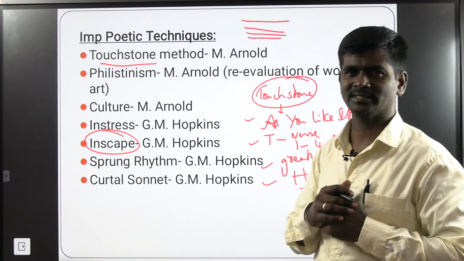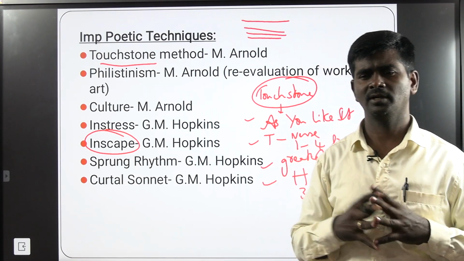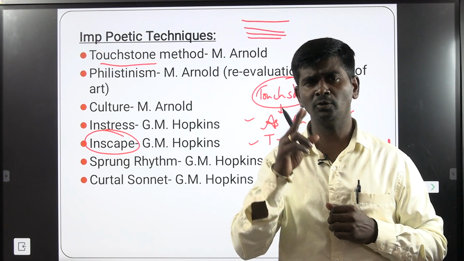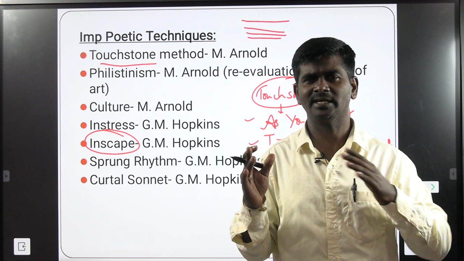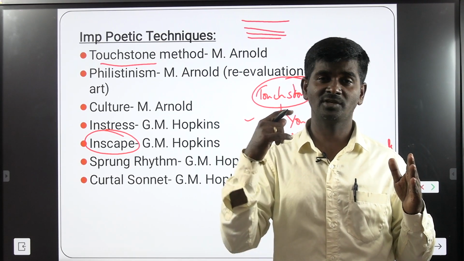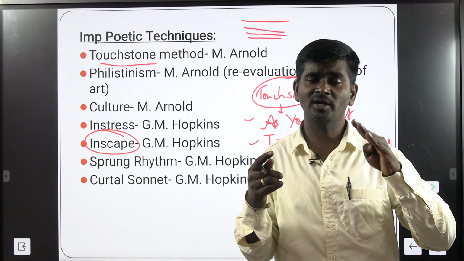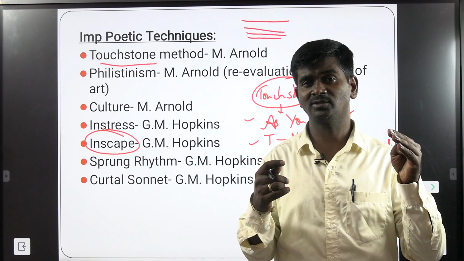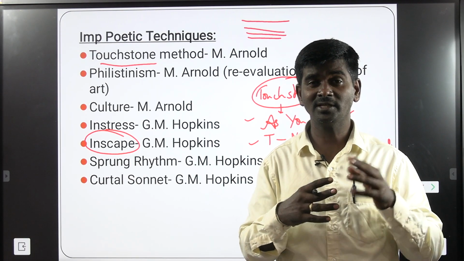Next, curtal sonnet, a very important one. My friends, sonnets are usually composed in two broad categories: English sonnet and Italian sonnet. The English sonnet, popularized by Shakespeare, is called the Shakespearean sonnet. The Italian sonnet, popularized by Francesco Petrarch, is called the Petrarchan sonnet.